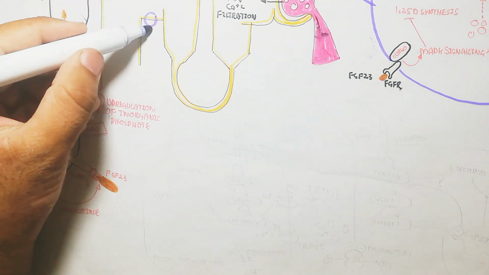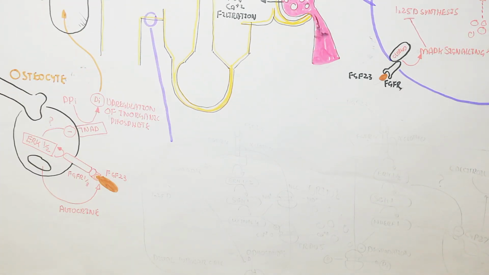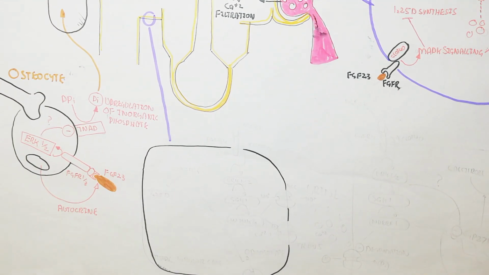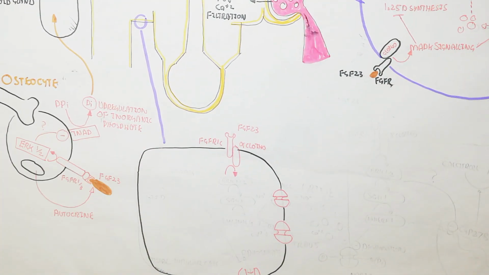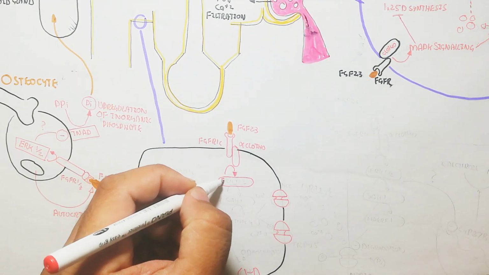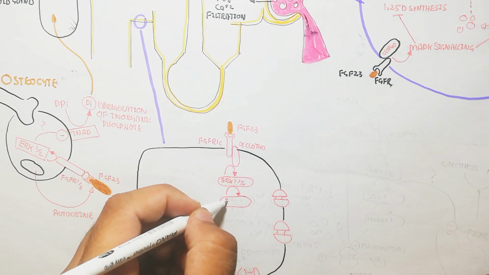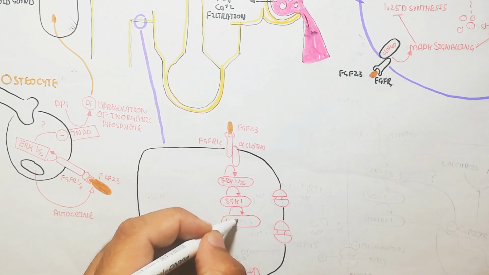Let's understand the distal convoluted tubule of the nephron, which contains FGF23 binding with FGF receptor 1C through alpha CLOTHO as a helping protein. This will activate ERK1 and 2, SGK1 and WNK4.